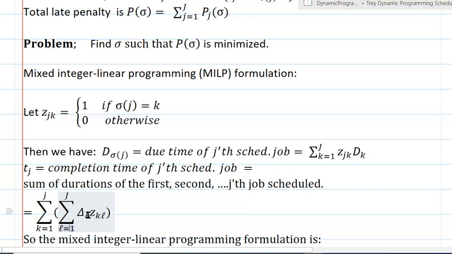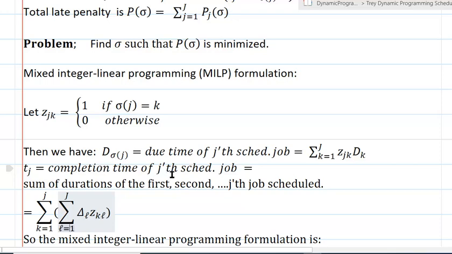Or I'm sorry, it's not going to be delta k, it's going to be delta of the kth job scheduled, delta of sigma of k. So you think about that a little bit, but that's how you can get the sum of the durations of the first j jobs scheduled, and that will be the completion time of the jth scheduled job.